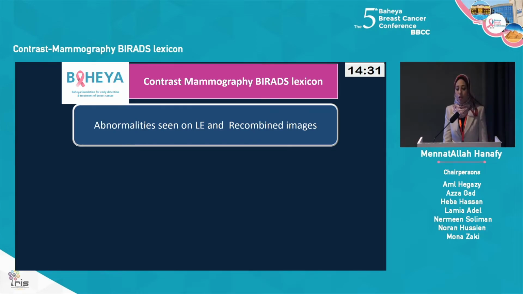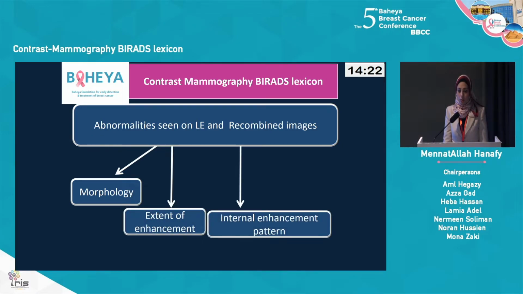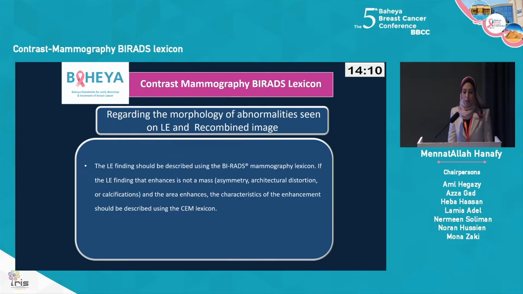Abnormalities seen on low energy and recombined images will be described according to their morphology, extent of enhancement, internal enhancement pattern, and lesion conspicuity. Internal enhancement pattern and lesion conspicuity will be described as those seen on recombined images only. Regarding morphology of abnormalities seen on low energy and recombined images, the low energy findings should be described using the BI-RADS mammography lexicon.